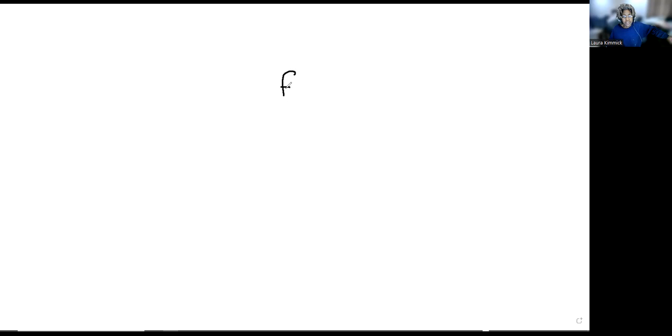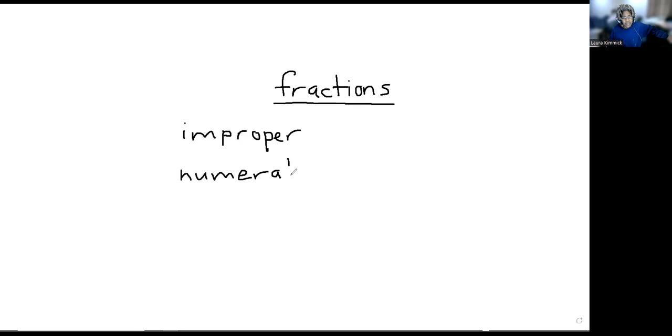Okay, so we have another type of fractions, which are improper fractions. Okay, I'll start over again.